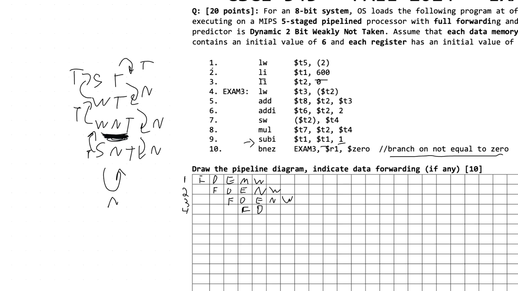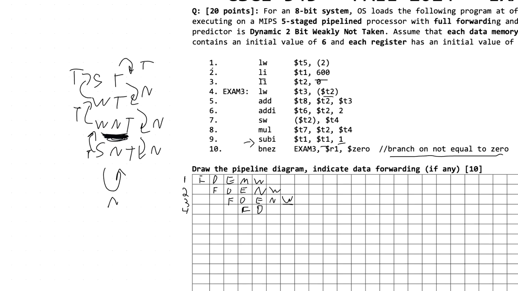And this is the case because we have T2 over here, right? We need to know the value of T2 before we go any further. But the problem is, we don't know what T2 is until we finish instruction 3. And that's usually over here in the write back stage.